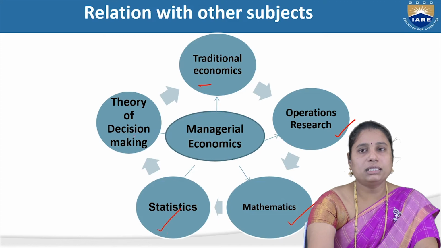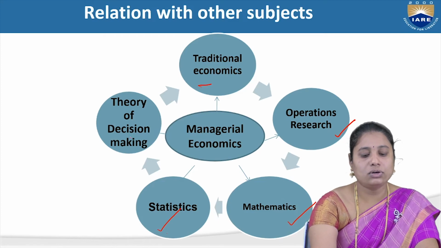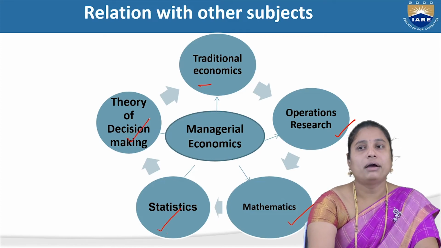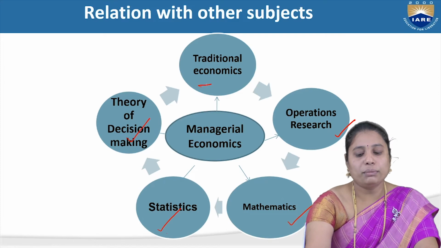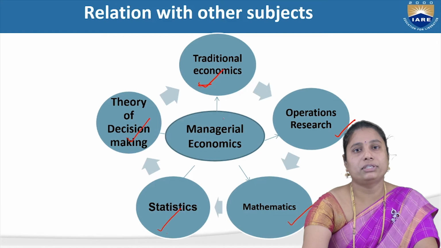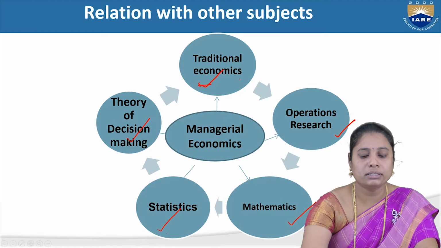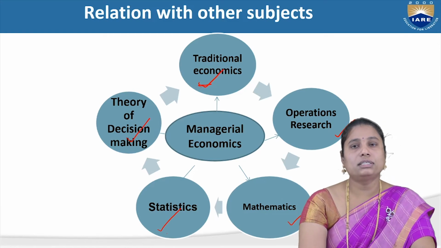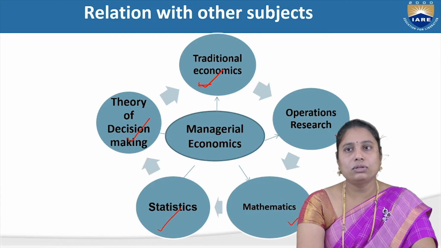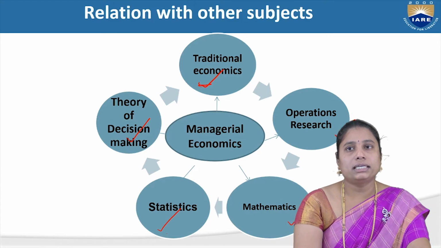If they need to take better decisions, they must have knowledge of the theory of decision making. And about the economy, what scarce resource utilization and effectiveness mean, everything has to be known by them. All these are interconnected.